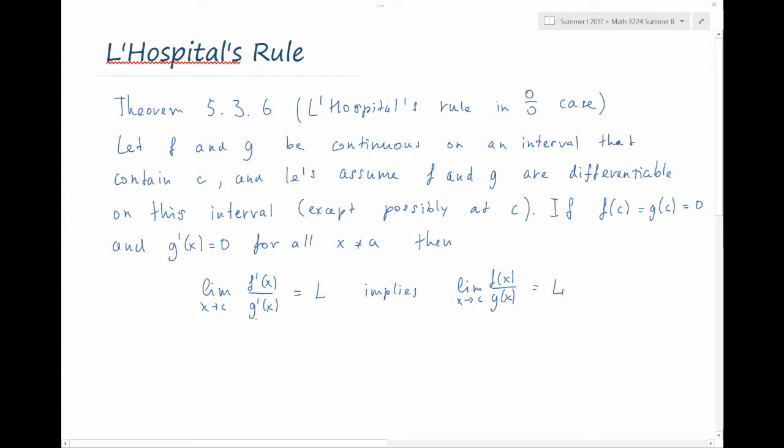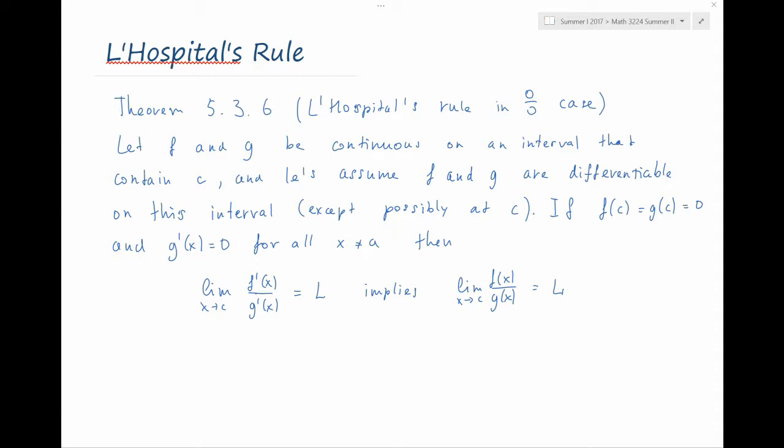Another consideration is that when the limit of f prime over g prime is yet another 0 over 0 case, we will have to apply L'Hopital's rule one more time, and maybe one more time, and maybe one more time, to get the result. There are examples when L'Hopital's rule ends up in an infinite cycle of applications, when the application may loop to the previous case or may just never end.